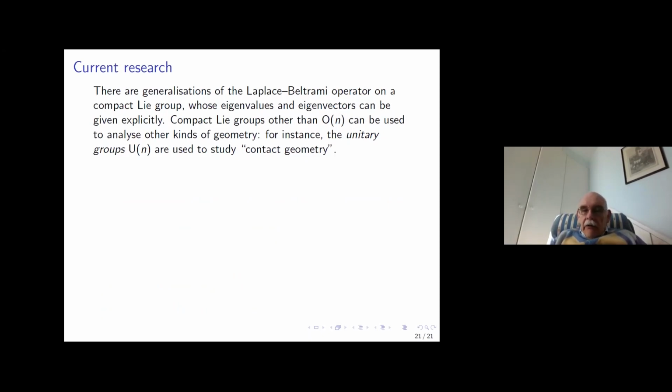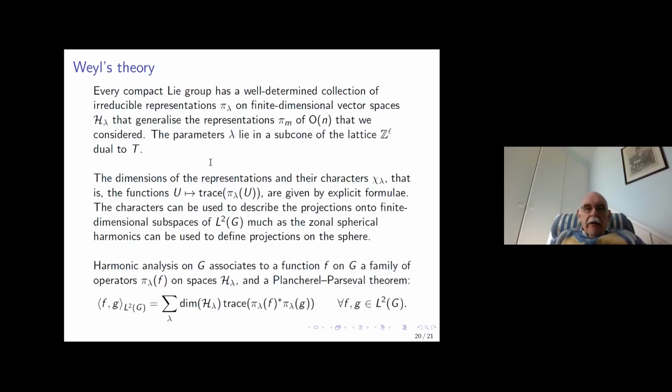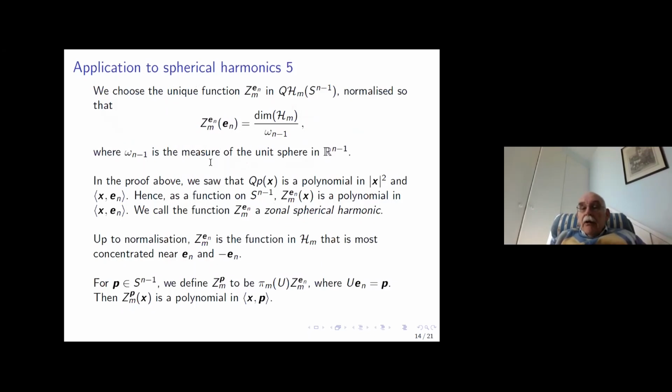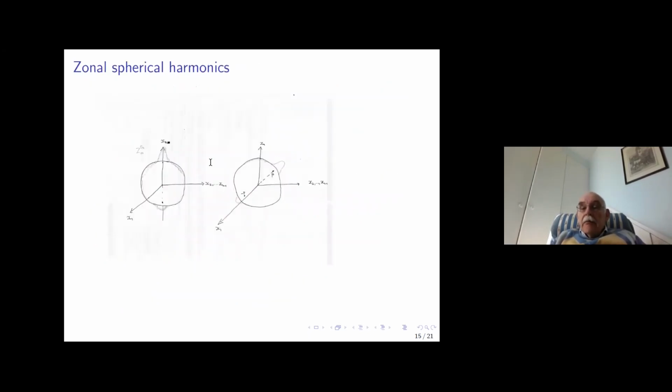For instance, there is a kind of geometry called contact geometry, and the unitary groups can be used to study these. So currently people are proving theorems about more general Lie groups that can be applied to different kinds of geometry. And that's something that I want to talk a little bit about next time, but mainly I want to look at explicit examples like zonal spherical harmonics and the sphere and so on.